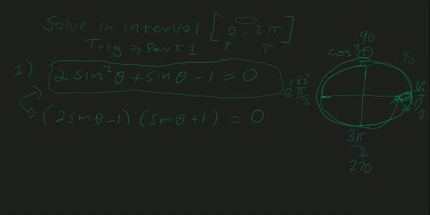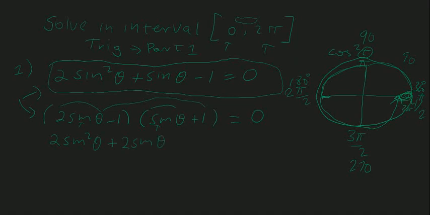Why? 2 sine angle times sine angle gives you 2 sine square angle. Then 2 sine angle times 1 doesn't change anything, you just get 2 sine angle.